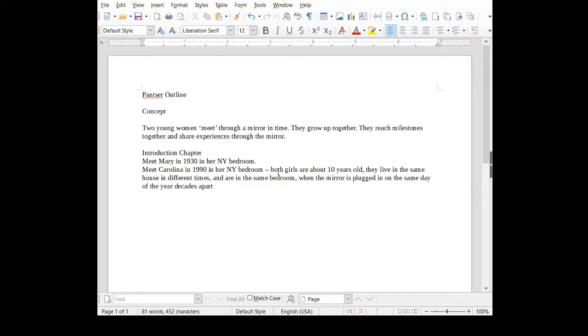When the mirror is plugged in on the same day, year, decades apart, it activates a temporal connection and they meet. Now, I will probably show both halves of that meeting and what led up to it for both characters, and that'll be the introduction chapter.